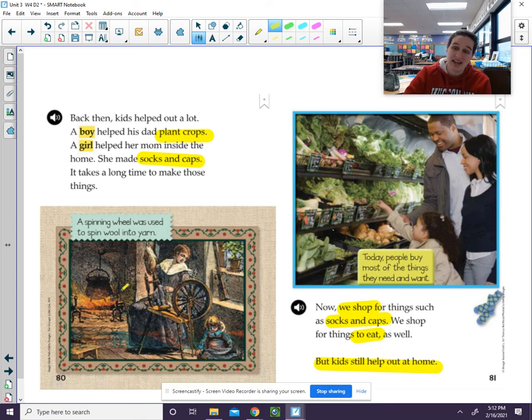So in the past, they had to grow and make their own things. Today, we're able to buy those things at a store. Now, how can we compare? What's the same though? We can see here the child and the child here, they're still helping their families, just in different ways. And it even says that here, but kids still help out at home.